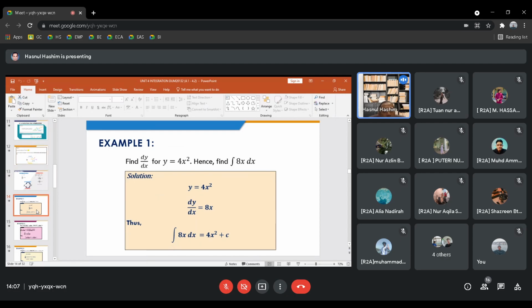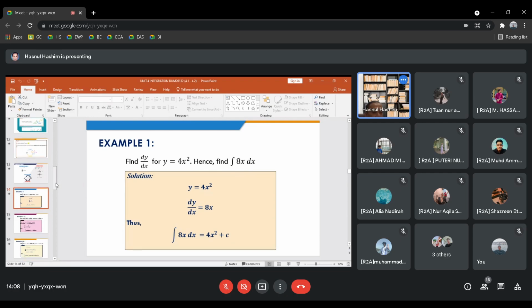So when we find dy/dx for y equals 4x squared, we get 8x, and the integral of 8x dx will be 4x squared plus c. So remember, when we do the indefinite integral, when there are no limits on the integral, then we have plus c. That's part of the solution.